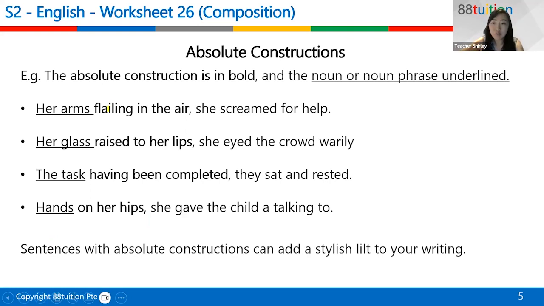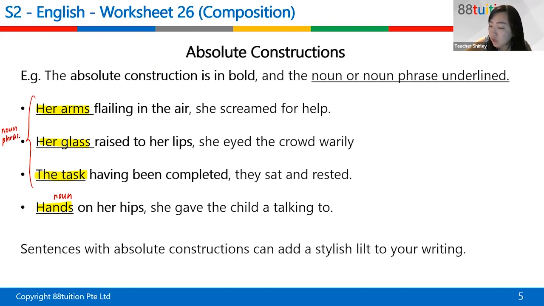Okay, so a lot of times when we are constructing sentences, it's a direct sentence. Sometimes you can have an indirect sentence. It's about active and passive voice also. So in this case, her arms is actually a noun phrase, her glass, the task, and hands. Hands is actually a noun. It's not a noun phrase. But all these three are what we know of as noun phrases.